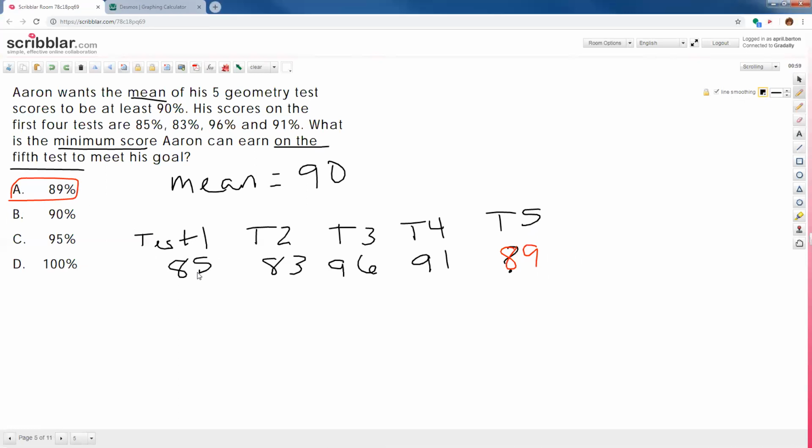So what do we get if we add all 5 tests together to help us find our mean? What do we get if we add them all together?